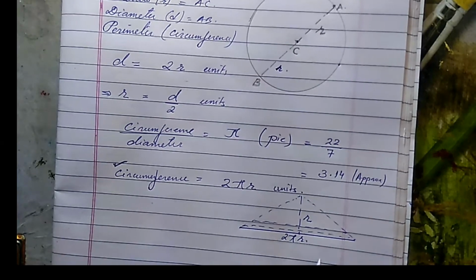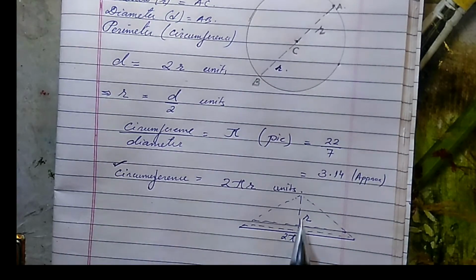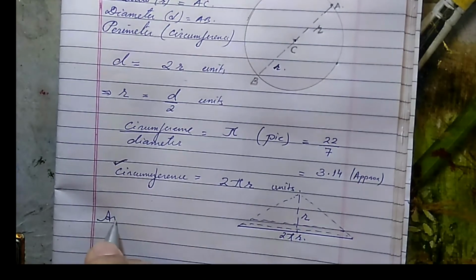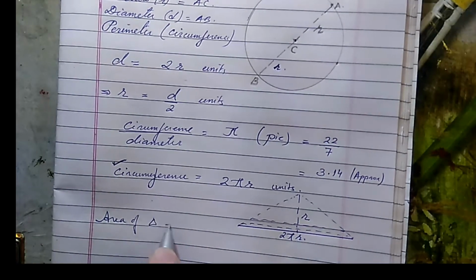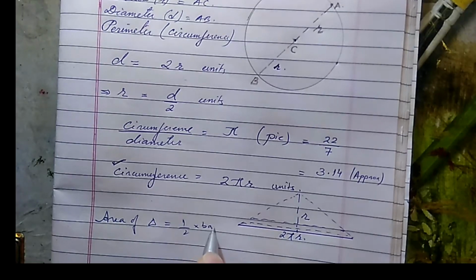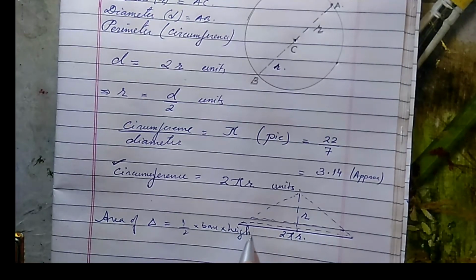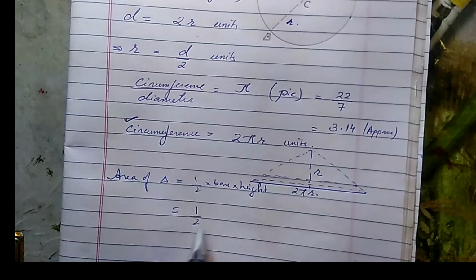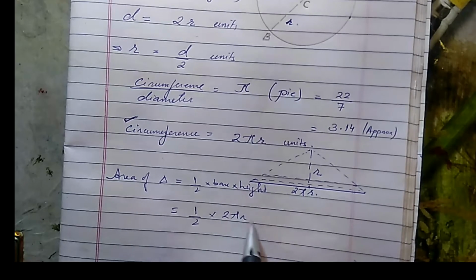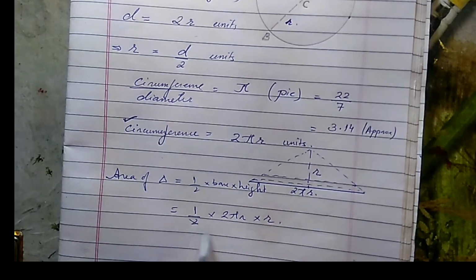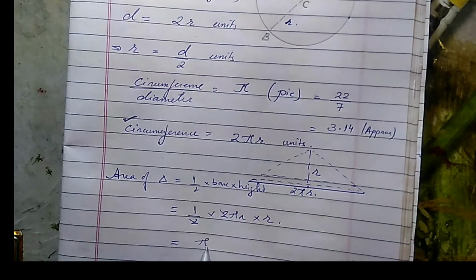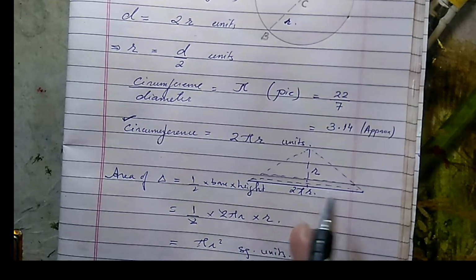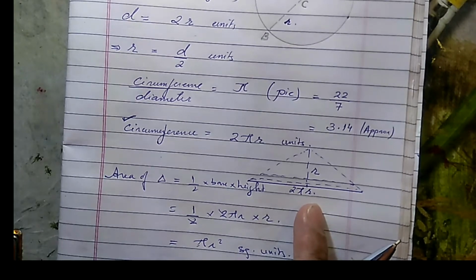The area of triangle is half into base into height, that is half into 2 pi r into r. So this 2 cancels and then we have pi r square units.